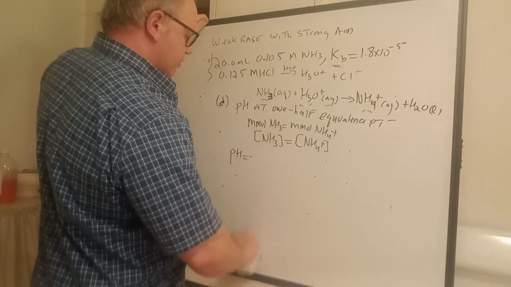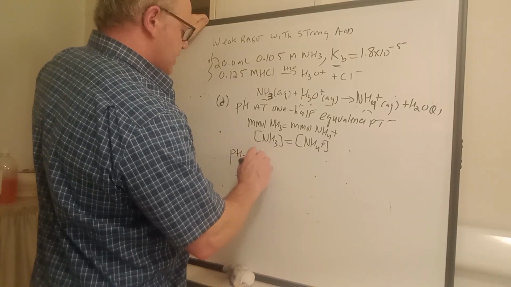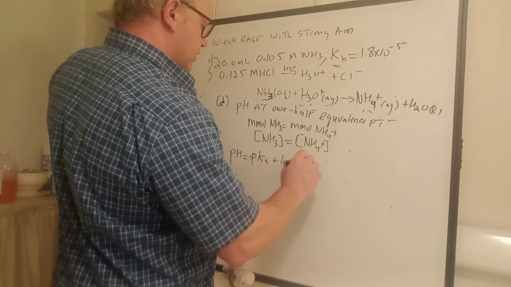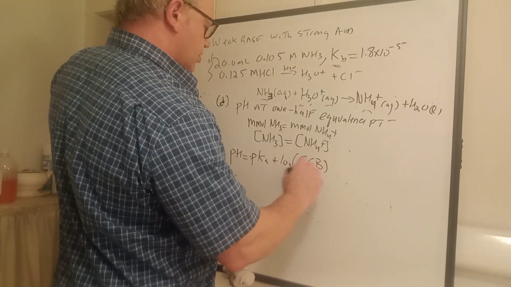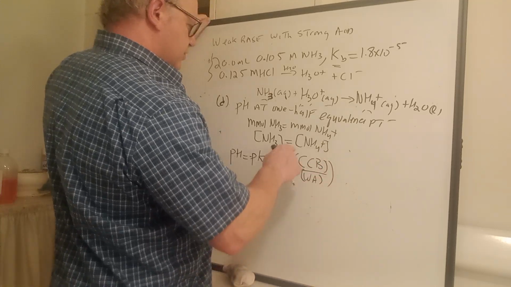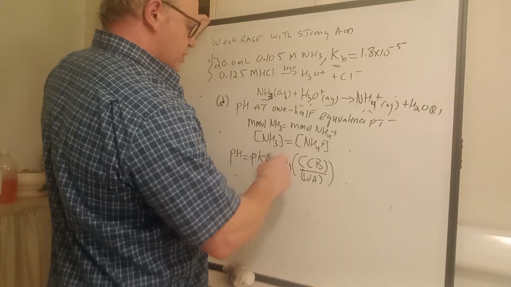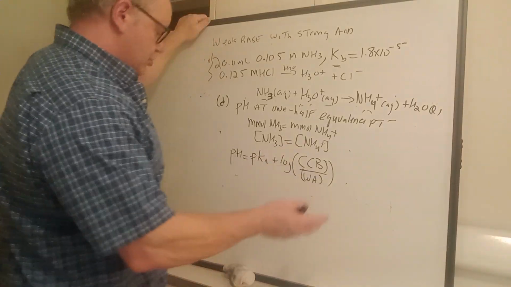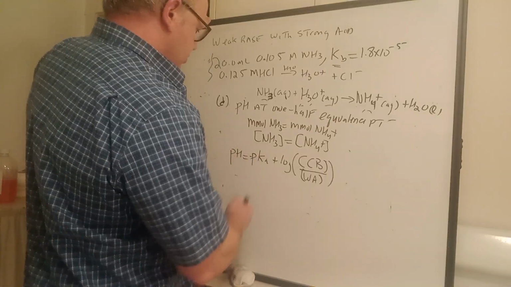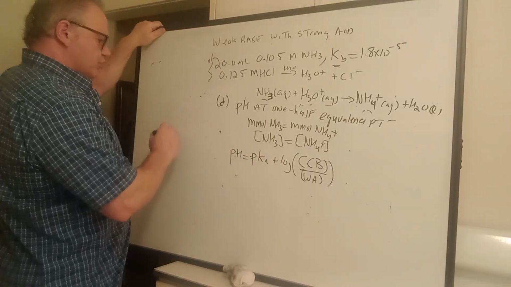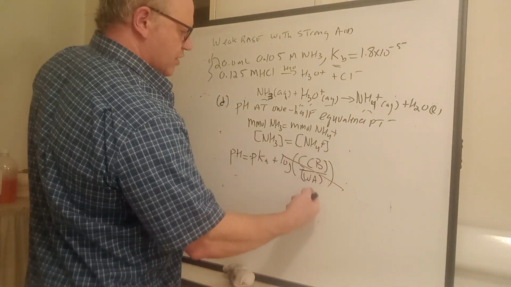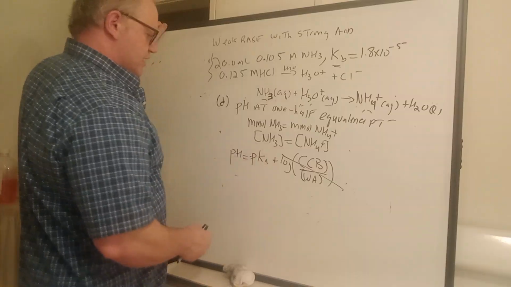There's nothing wrong with what I'm writing, I'm just doing it the way I actually think about it. pKa plus log of conjugate base over the weak acid. From that perspective, this is the conjugate base and that's the weak acid. It's perspective oriented, or you can use the pOH equation. In either case, this term is going to cancel out because the log of 1 is 0. So pH is equal to pKa.